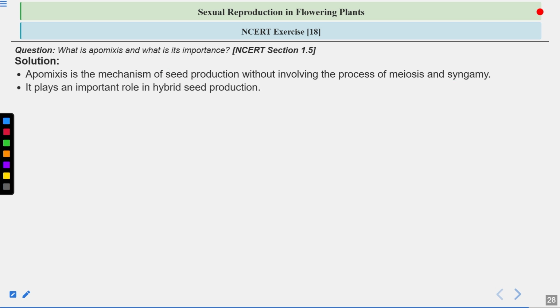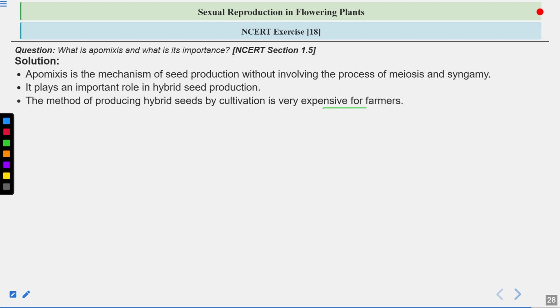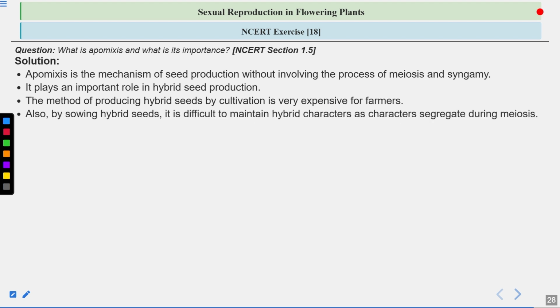It plays an important role in hybrid seed production. We have discussed this. The method of producing hybrid seed by cultivation is very expensive for the farmers. And also by sowing the hybrid seed, it is difficult to maintain the hybrid character, as characters segregate during the process of meiosis.